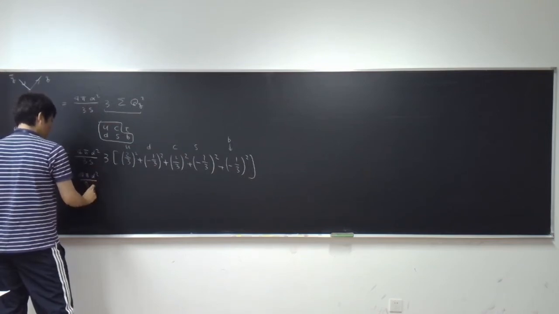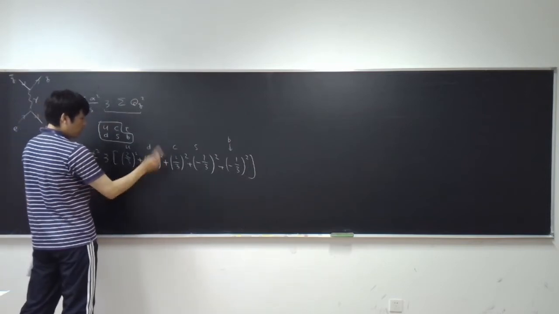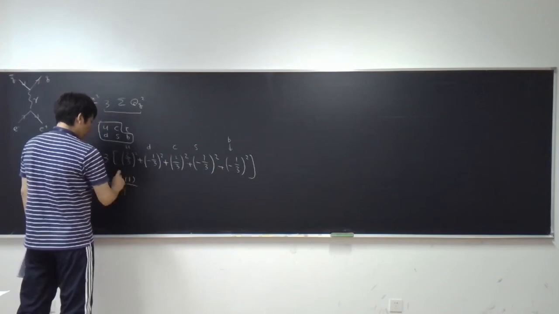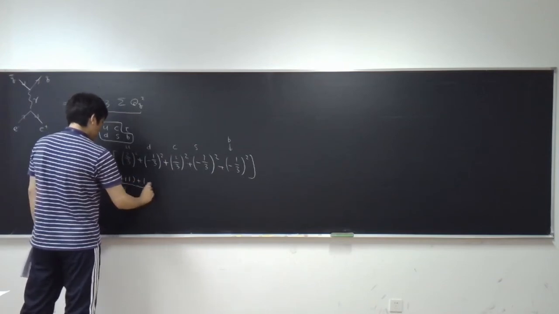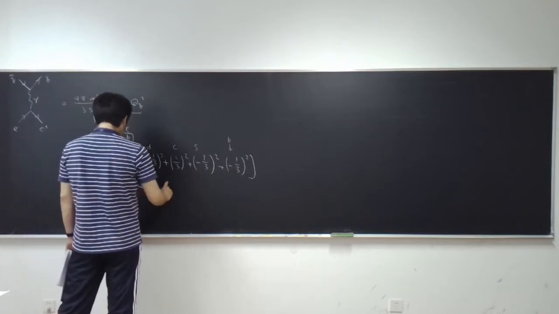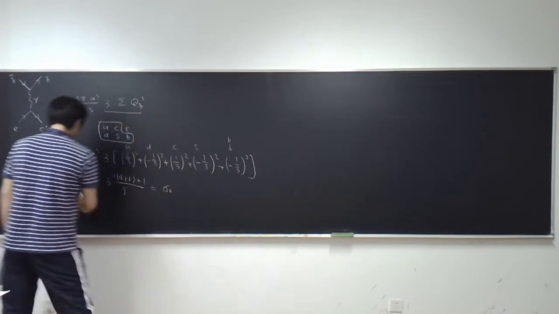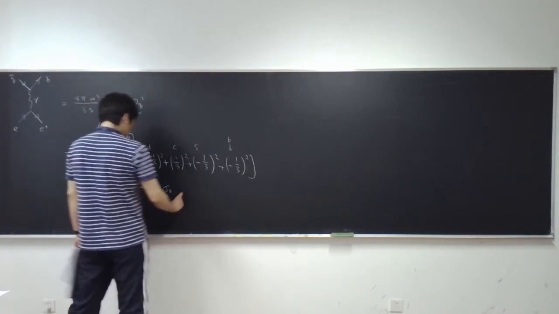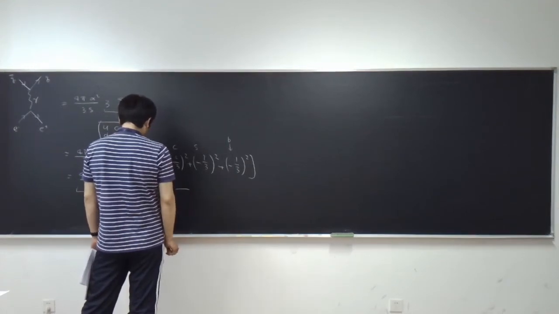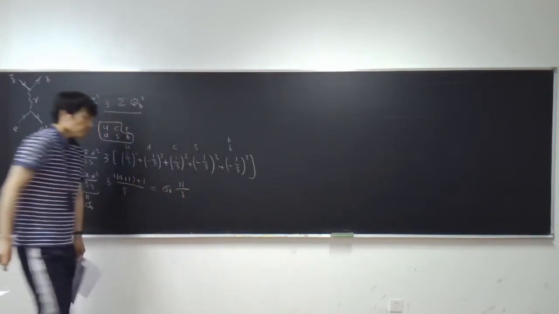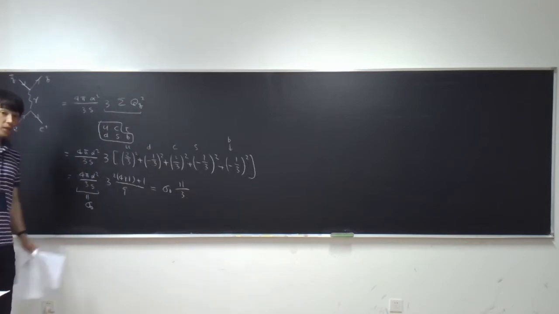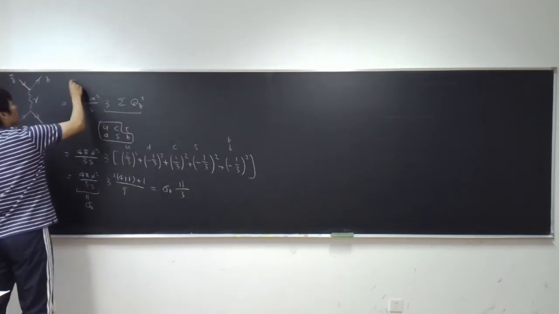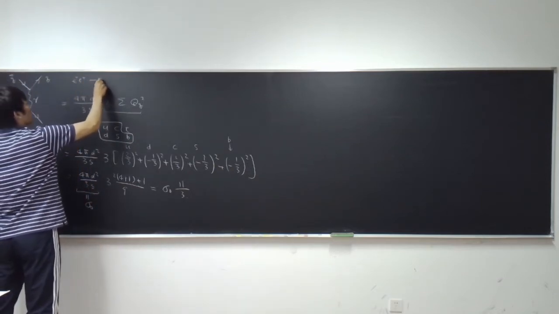So alpha squared times 3, and you can calculate this is 9 over 4 plus 1 times 2 plus 1, this is sigma 0. So therefore, this is indeed 11 over 3. So that's how we obtain the QCD tree level e+e- to hadrons.